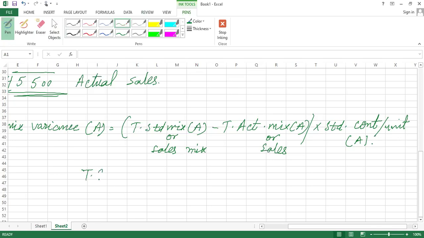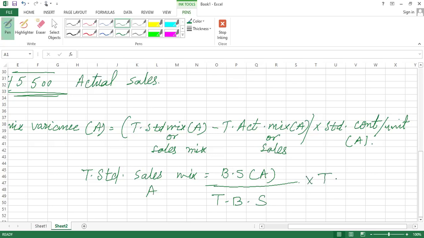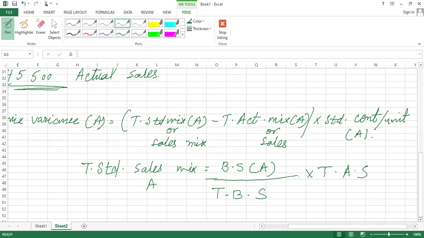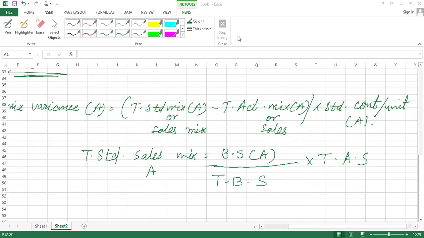Now, how to calculate standard sales mix? Is equal to budgeted sales of A divided by total budgeted sales multiplied by total actual sales. Budgeted sales of A is 20,000.